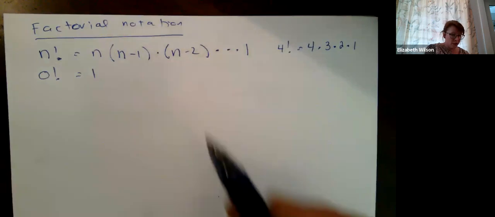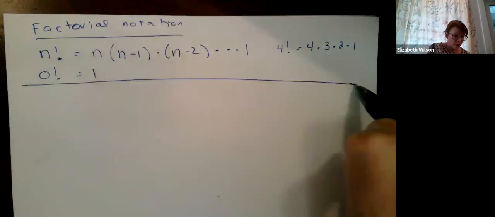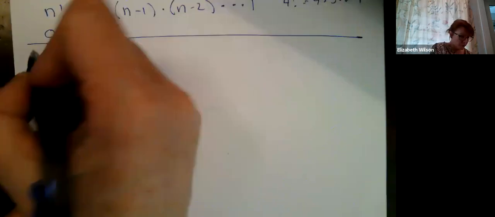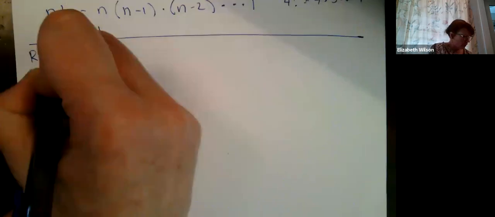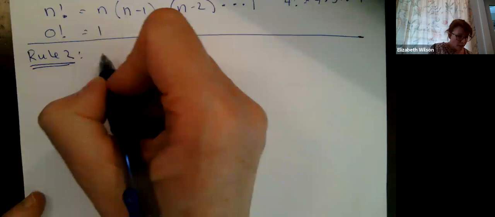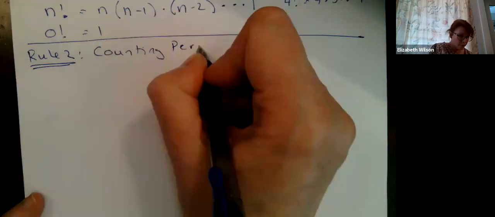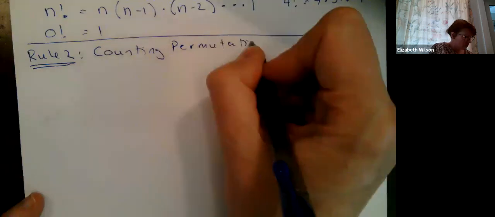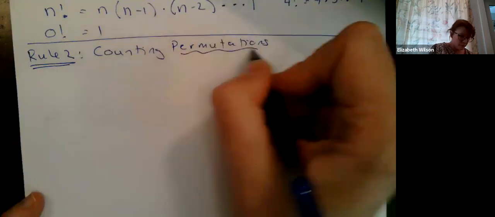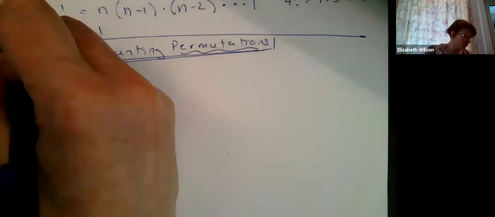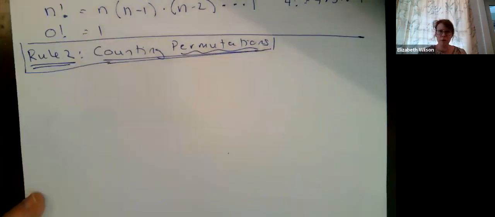All right, so with factorial notation in place, let's talk about rule 2. In this one, we're going to title it, we're going to count the permutations. And I'll put a little box around it because it's important. So let's just write in words what we're thinking about here.